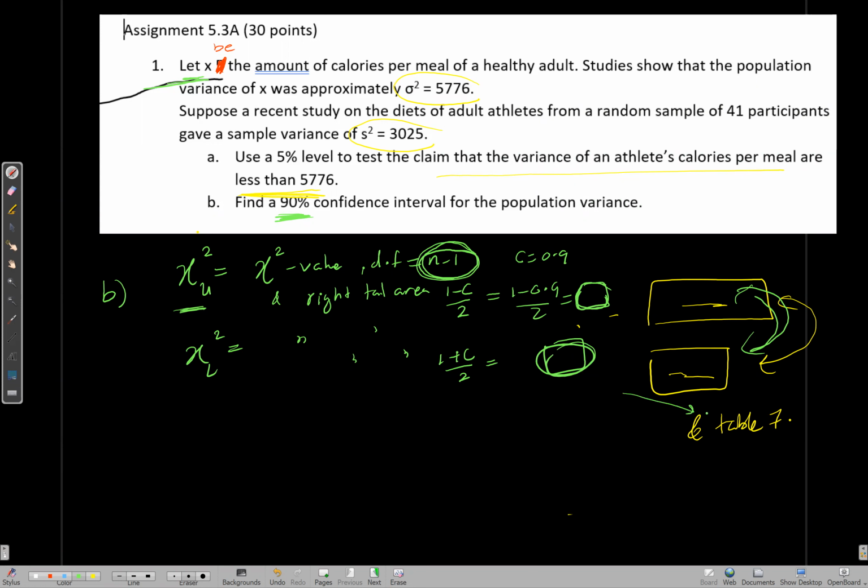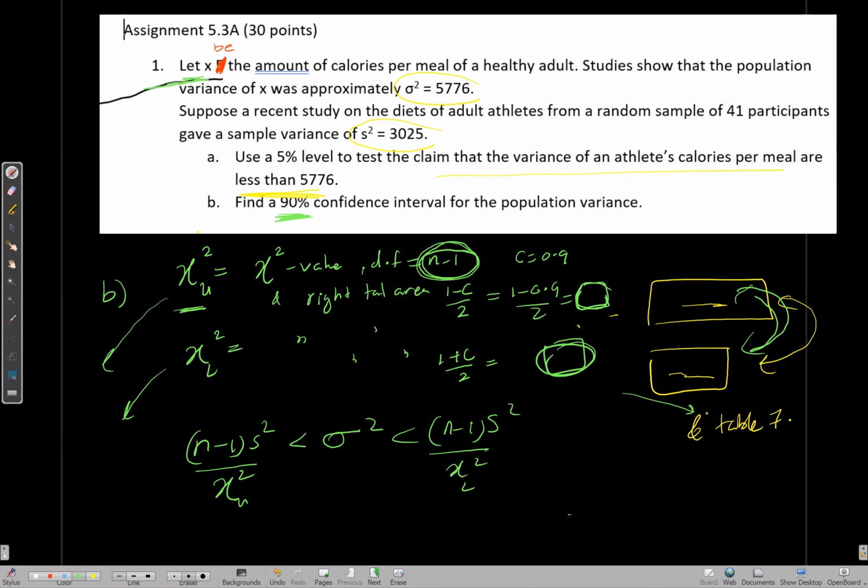What you get are two values, chi u and chi l, and then you use this formula: n-1 s squared over chi u squared and n-1 s squared over chi l squared.